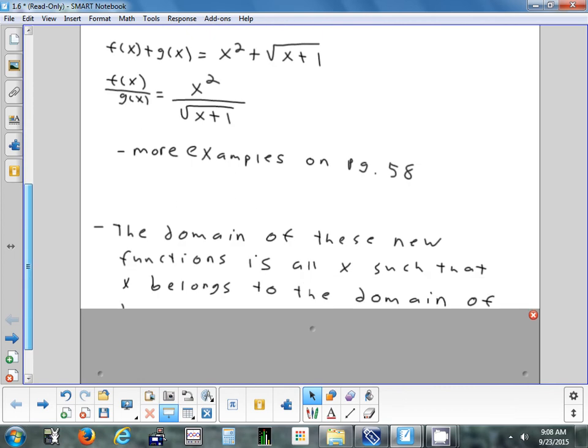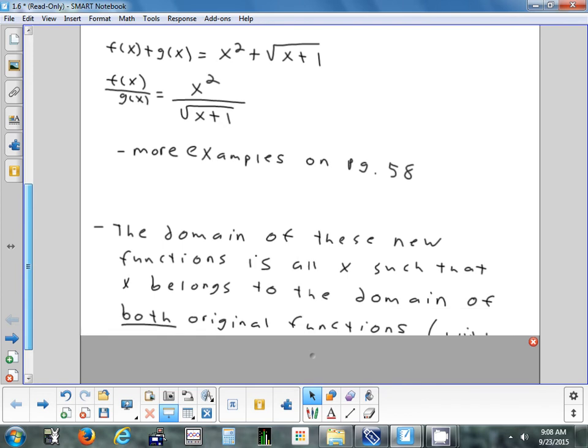The domain is basically all x values that belong to the domain of both of the original functions. Once you combine them, the new domain is all x's that belong to both of the original functions.